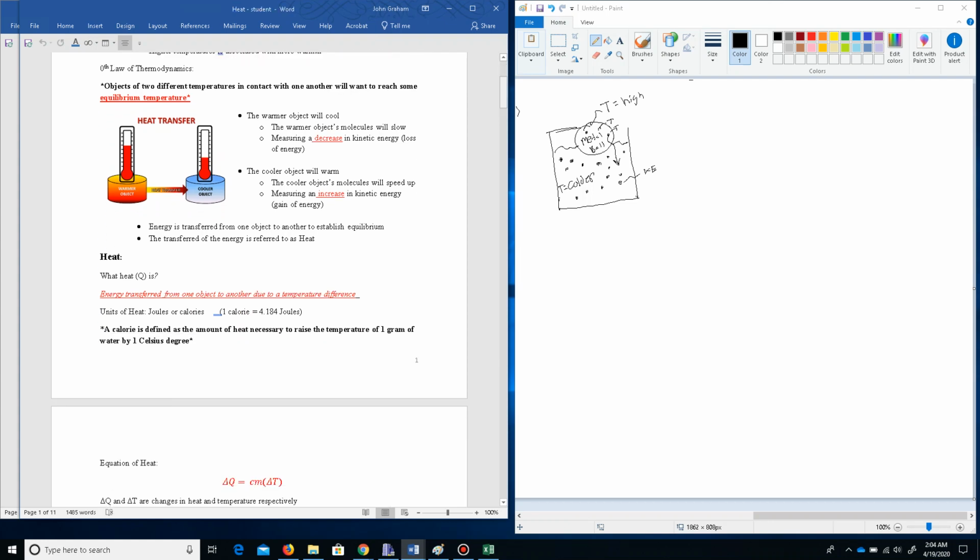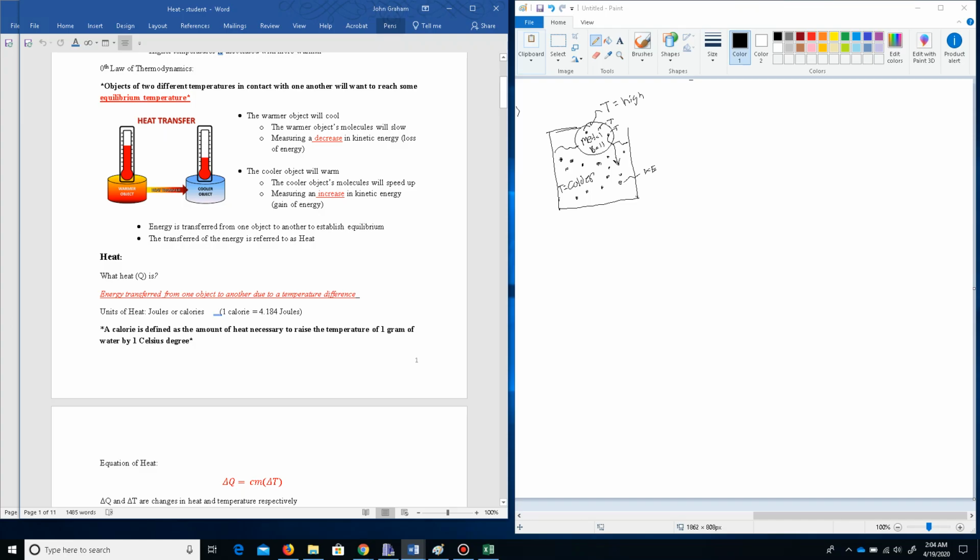And we know naturally the warmer object will get cool. The warmer object's molecules will slow as it cools, as the energy is going from the hotter object to the colder object. And so you'll have a decrease in that kinetic energy, or loss of energy.